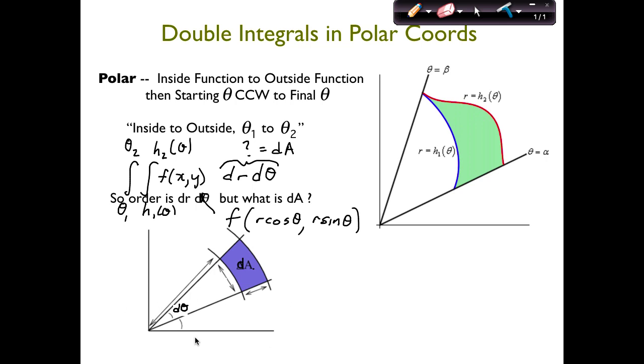So what is this angle from the x-axis, from here to here? That's just our theta. So this d theta, think of this as really small, a really small sliver of change in angle, and it occurs at some angle theta.